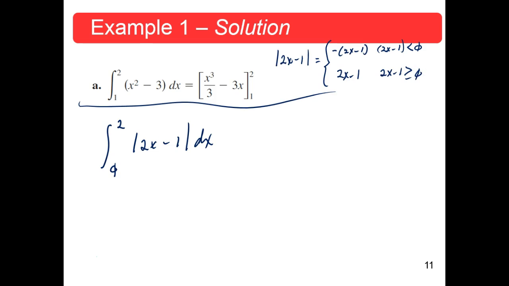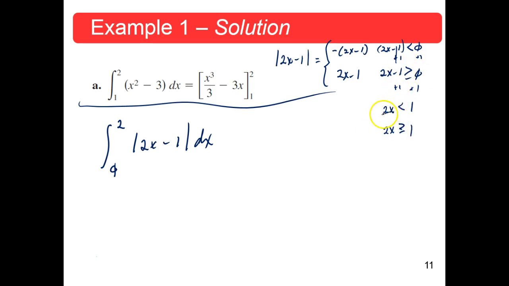Okay? Now, let's deal with the conditions first. And they are going to go the same way. You're going to add 1 to both sides, right? Okay, and then this will give you 2x less than 1, and this will be 2x greater than or equal to 1.